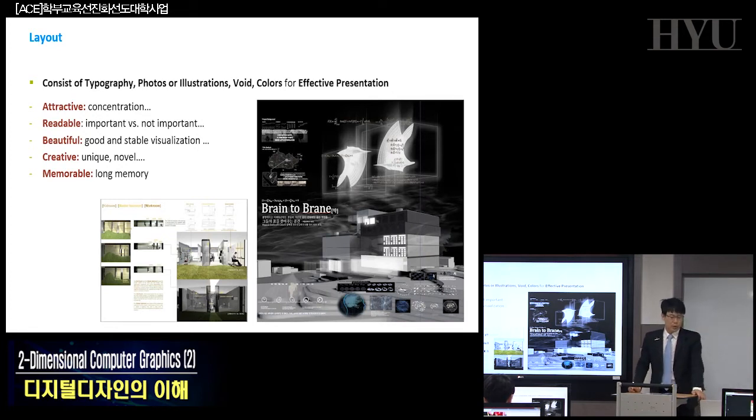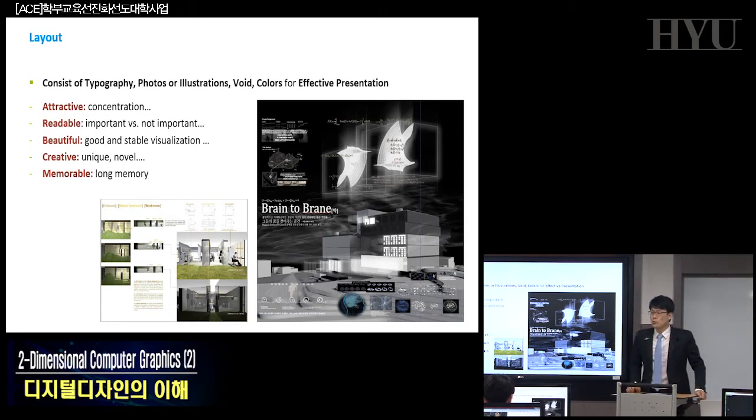Okay, we need to know some items: typography, photos or illustrations, void, colors. For what? For effective visualization, effective design presentation. What is effective design presentation? It's supposed to be attractive because we need to bring people's concentration.